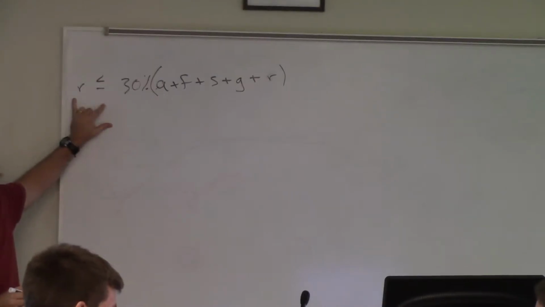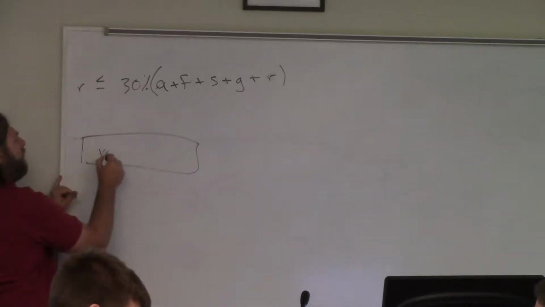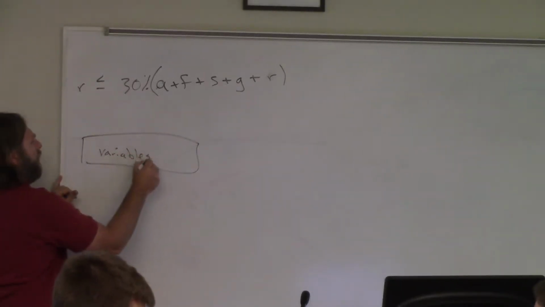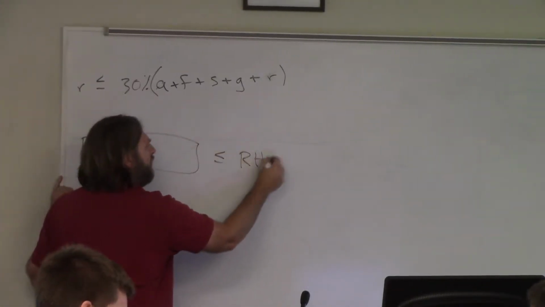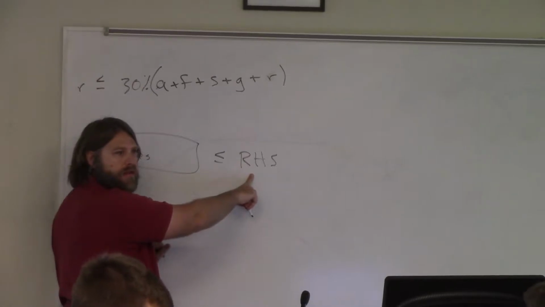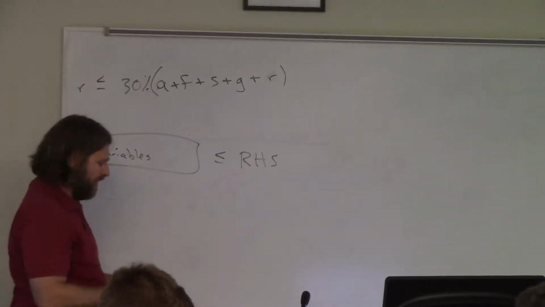But this is not the format that we put into our models, right? The format that we put into our models is variables over here, some less than or equal, greater than or equal, whatever, and the right-hand side a constant, right? So we need to reformat this to look like that.